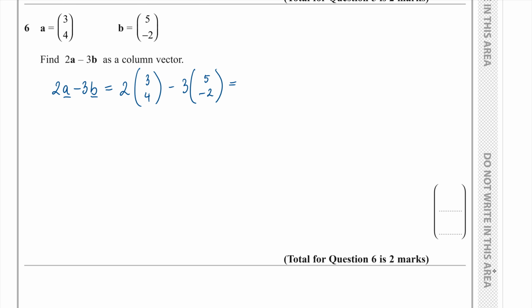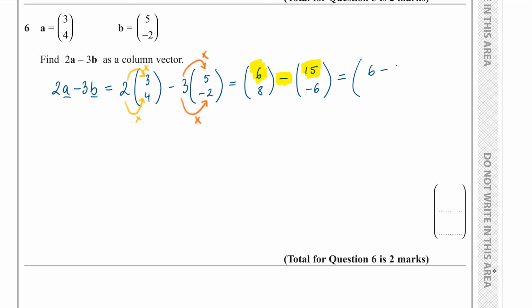This is equal to 2 times everything in the first column vector, that is 2 times 3, which is 6, 2 times 4, which is 8, minus 3 times 5, which is 15, 3 times minus 2, minus 6, equals to 6 minus 15, 8 minus 6, and this is minus 9, 14.